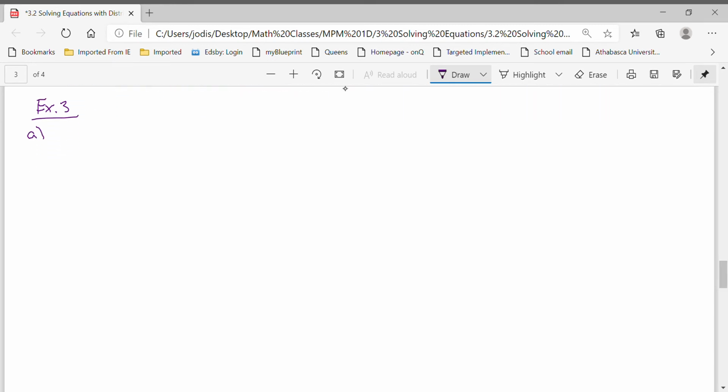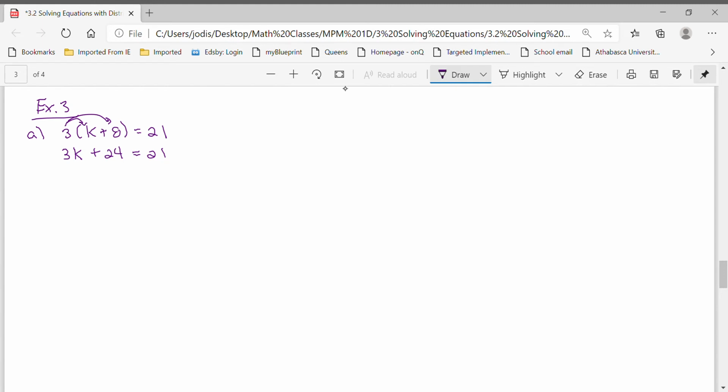Okay, so for part A here, we've got 3 brackets k plus 8 equals 21. If we follow our success criteria, we want to distribute into our brackets first. So we've got 3k plus 24. And we should remember from our last unit that distributing means multiply.